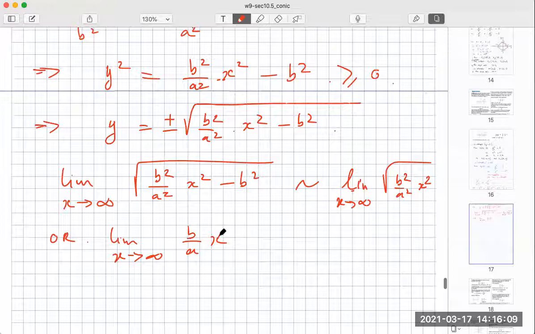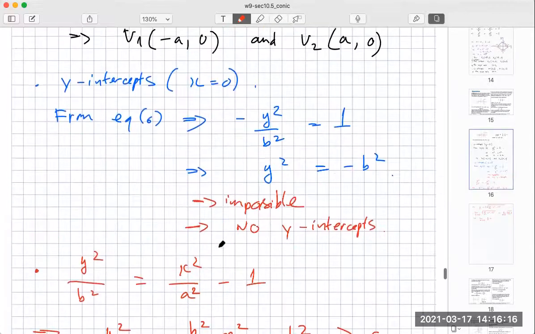And here, look at this: the linear lines, b over a times x.